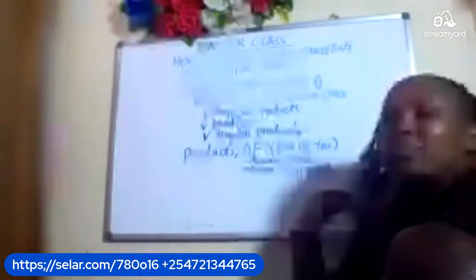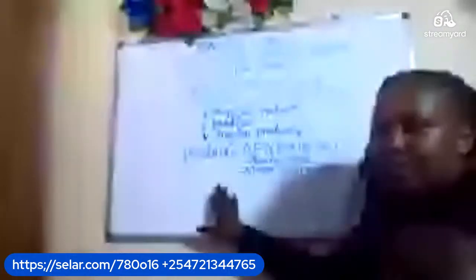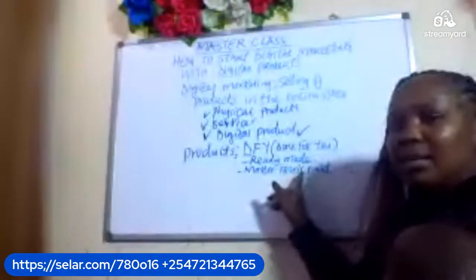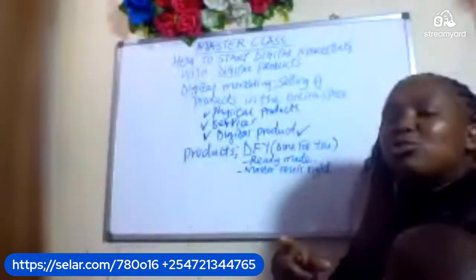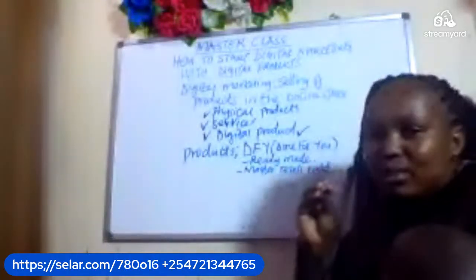For example, if you are having a digital product that is going for $900, that is 117,000 Kenyan shillings. If you purchase it and it has the master resale right, it allows you to sell that very same product at the exact same price, and that whole amount goes to your bank account.